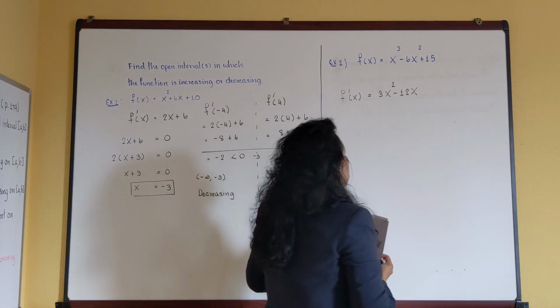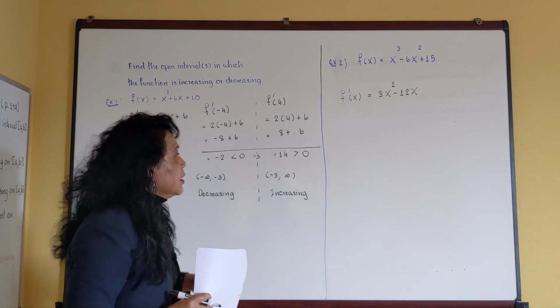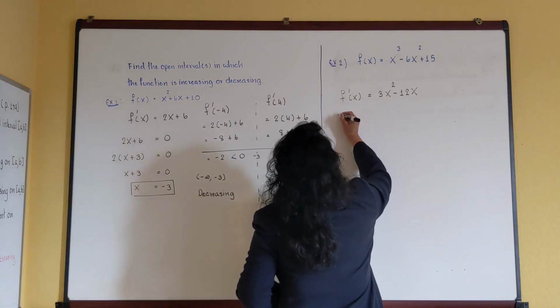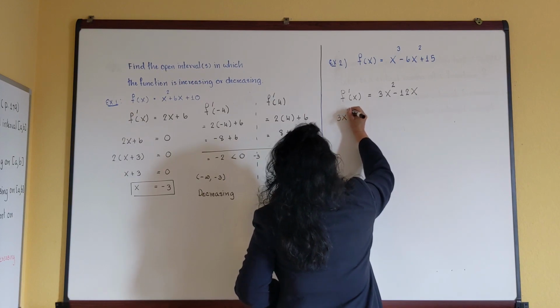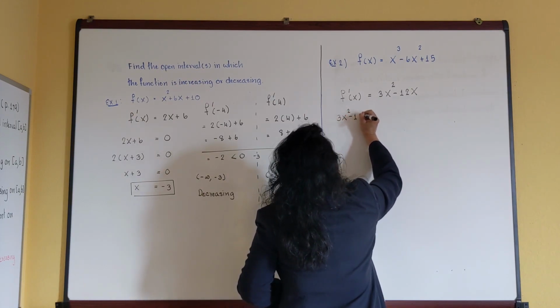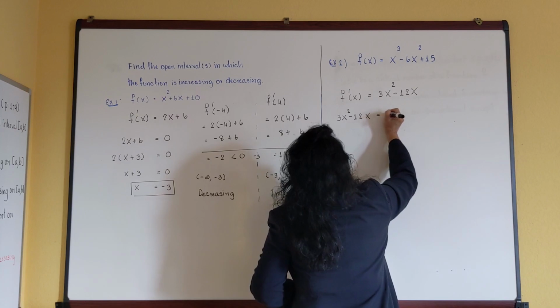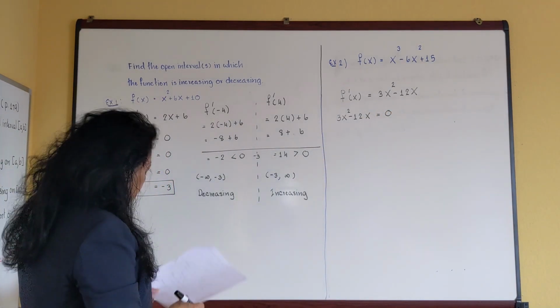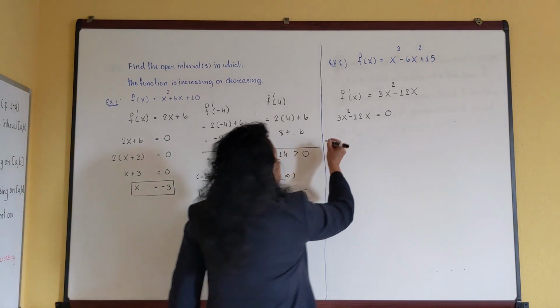So that's my derivative. Next step, I'm going to set it equal to 0 and solve for x. Now I'm going to factor out the GCF, which is 3x.